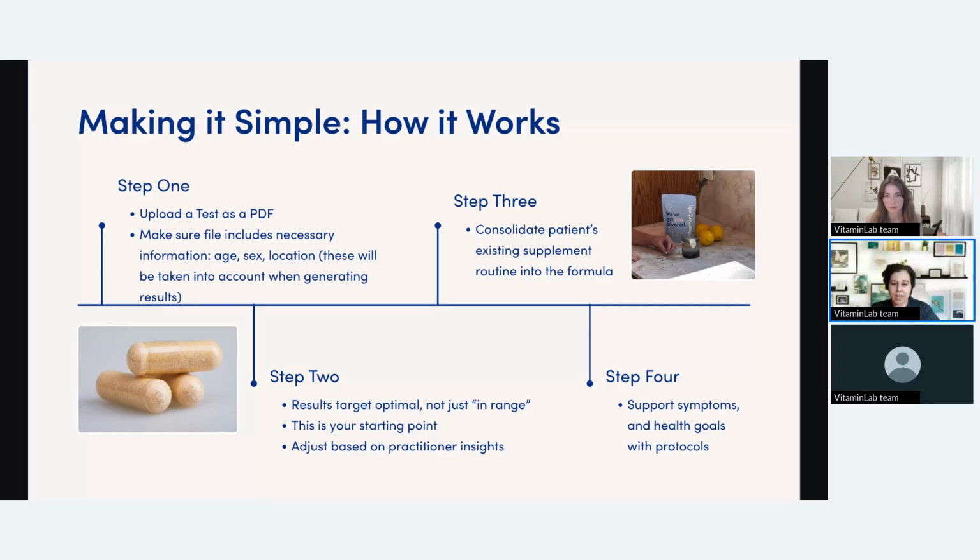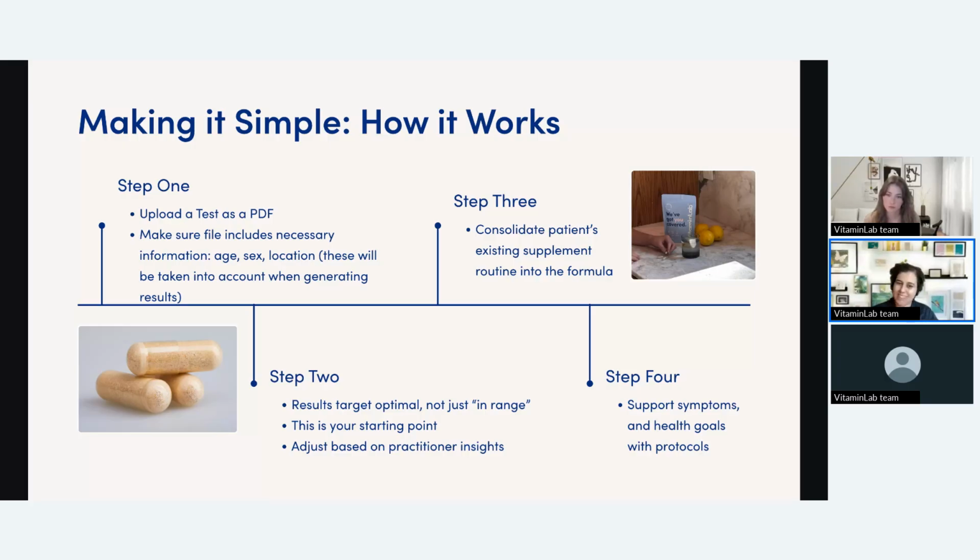So adjust based on your insights and how you know your patients, and then consolidate the patient's existing supplement routine into the formula, which is one of the things we always emphasize in meetings with practitioners. Because if your patient is taking the right amount of vitamin D for themselves, and then they go get tested, vitamin D won't come up as deficient.